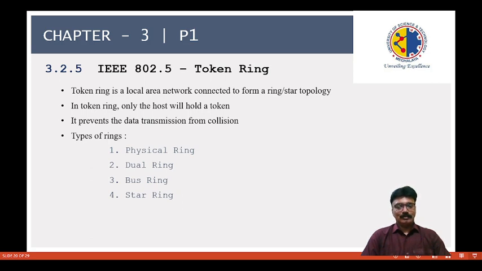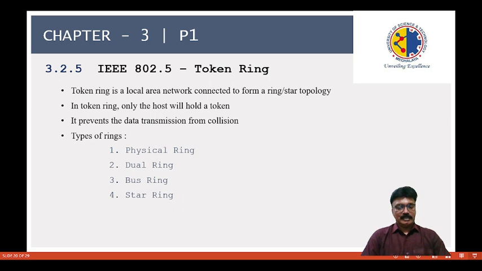So ring topology formation can be handled by this method. In token ring, only the host holding the token can transmit. So only one token will be held by N1. It prevents the data transmission from collision. If one token is handled by the host, then there is no chance of repetition or any kind of collision over there.